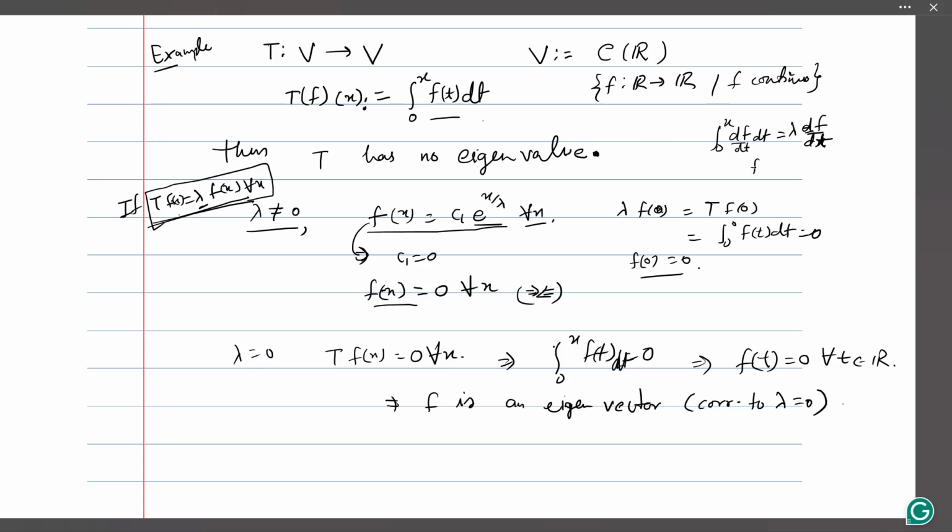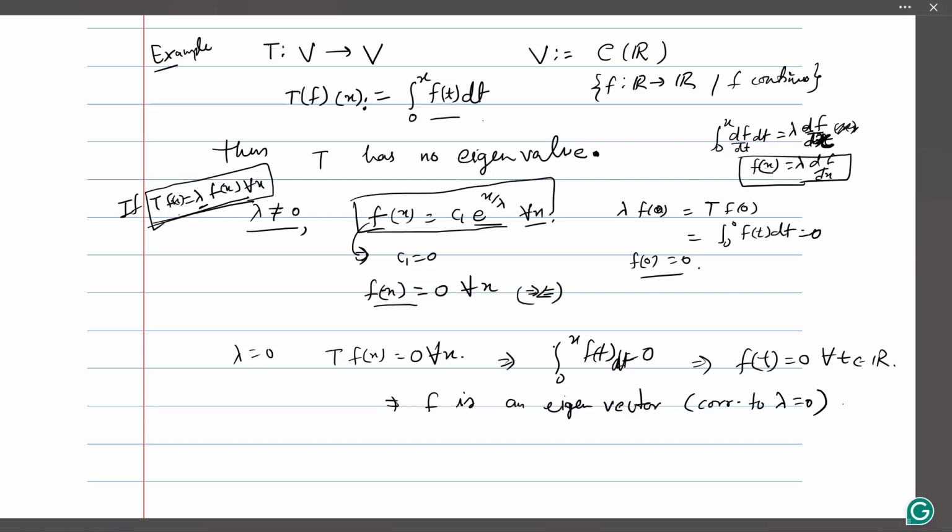So this is just f(x). So f(x) is equal to lambda df by dx. An equation like this will give a solution like this.